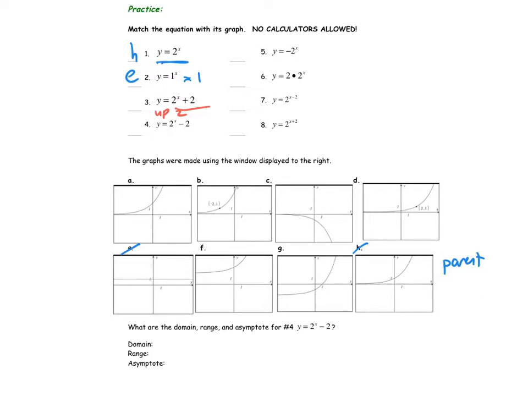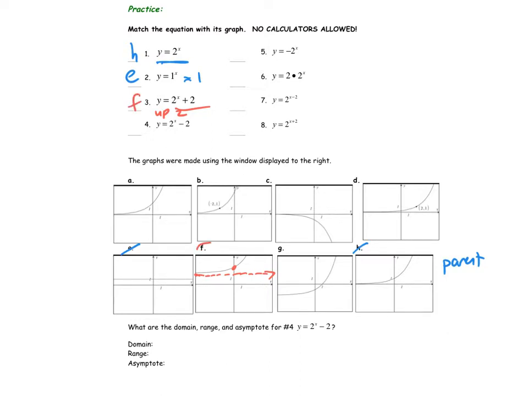And then instead of having a horizontal asymptote at y equals 0, it should have a horizontal asymptote at y equals 2. And if I look at these graphs, this graph looks like it has a horizontal asymptote at y equals 2, and it looks like it goes through 0, 3. It'd be up 2. So I would say that number 3 is F.